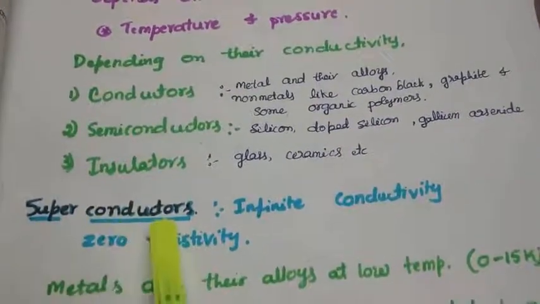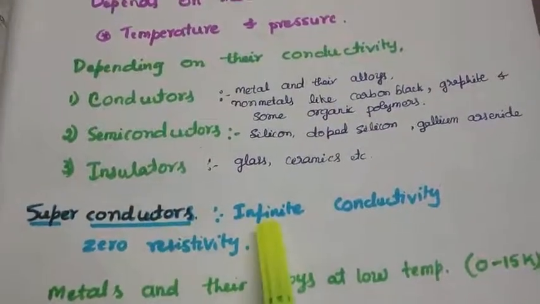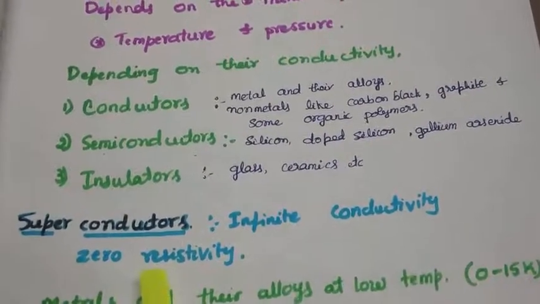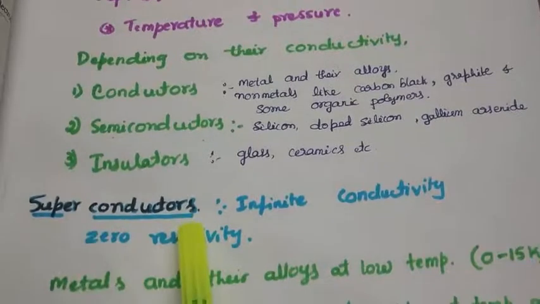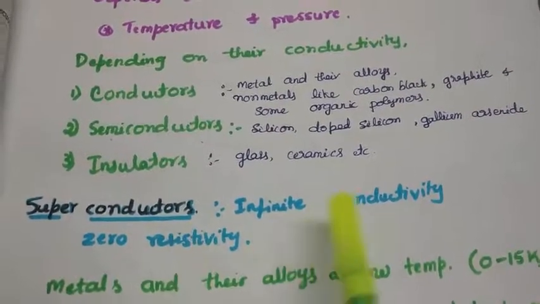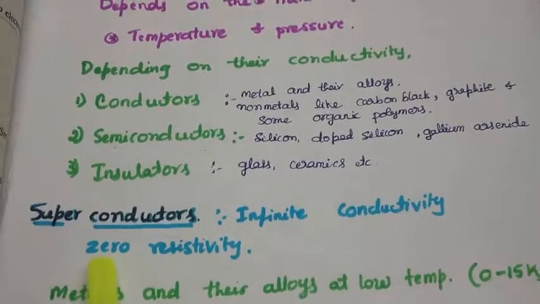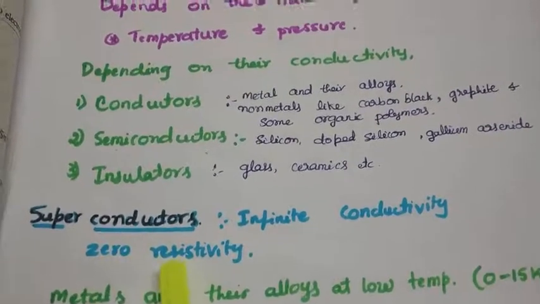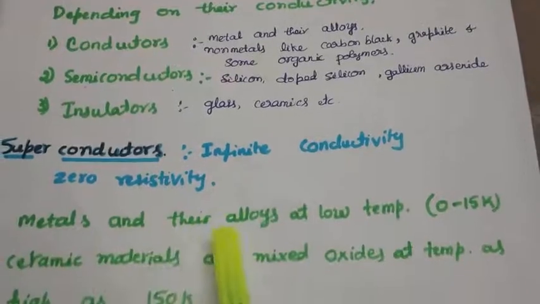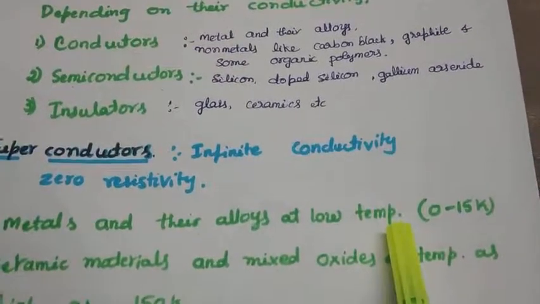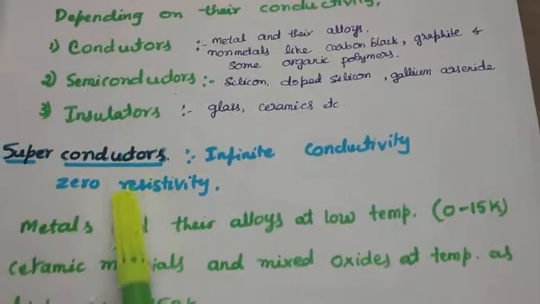Superconductors, as the name indicates, show infinite conductivity with zero resistivity. Earlier, metals and their alloys at low temperatures, between 0 to 15 Kelvin, existed as superconductors.